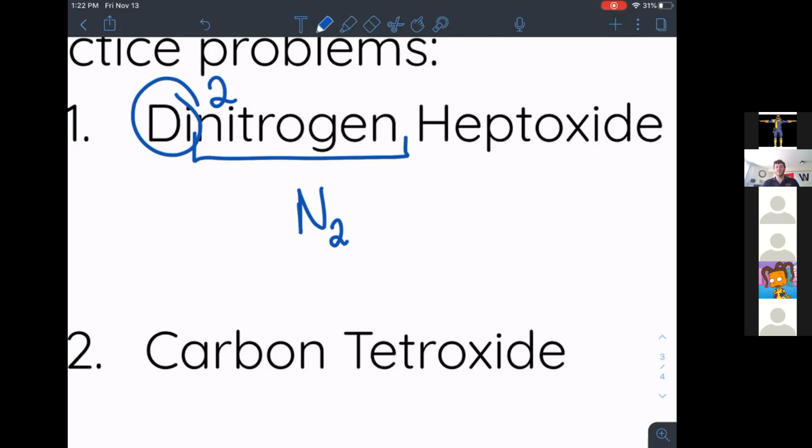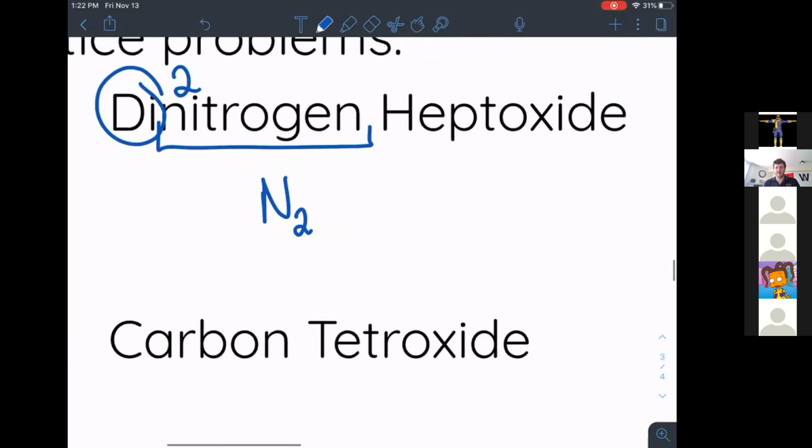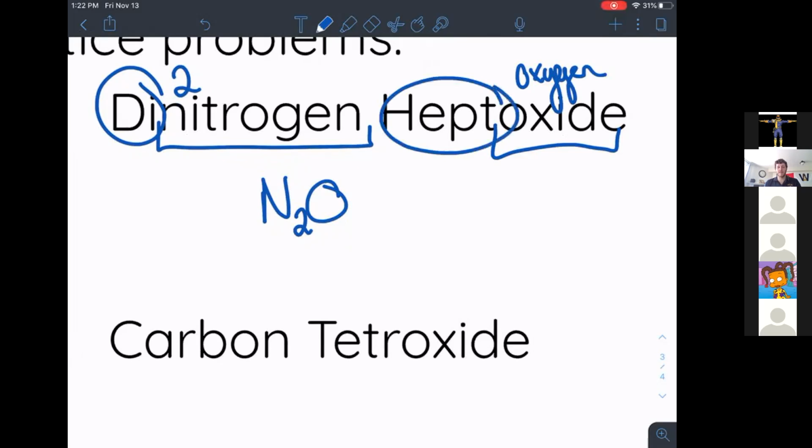Now the second word, what element do we have from that second word? Oxygen, because we have oxide, so it's really oxygen, which is the element symbol O. And how many oxygens do we have? 7, from hepta. Any questions?